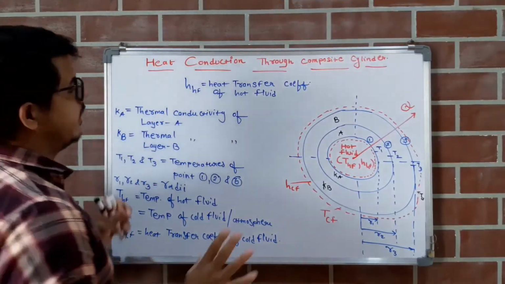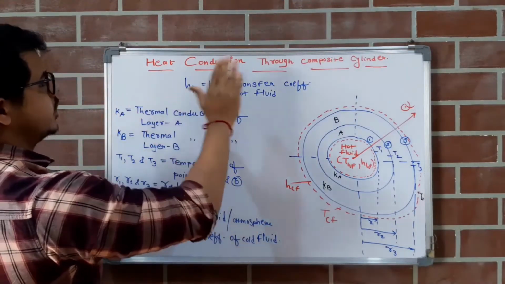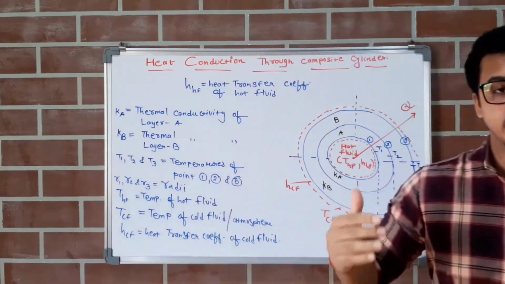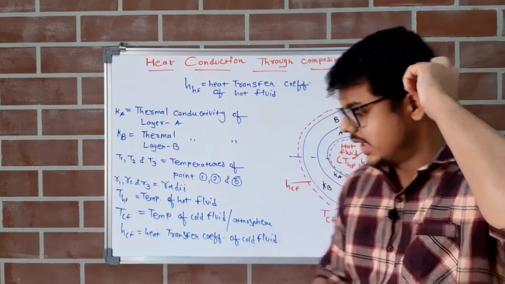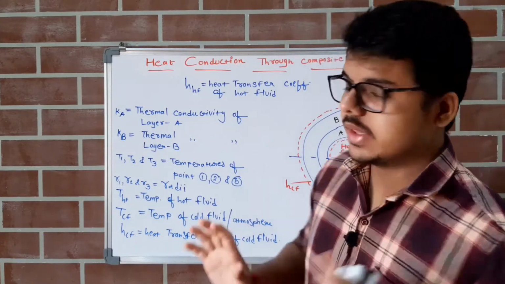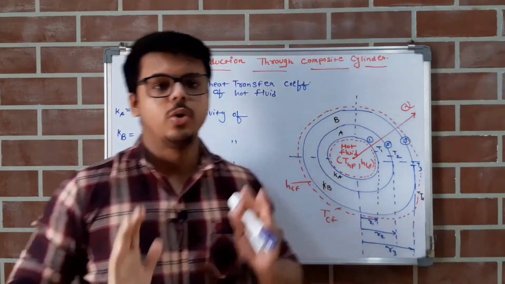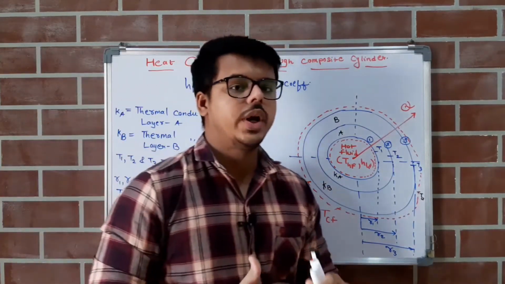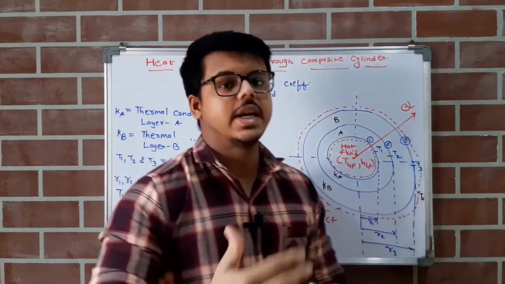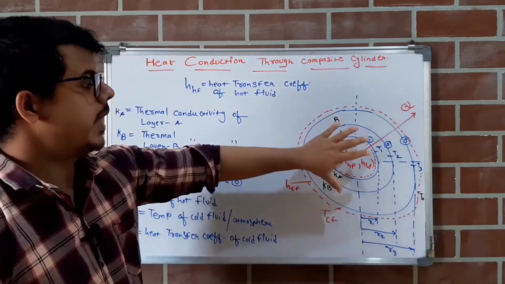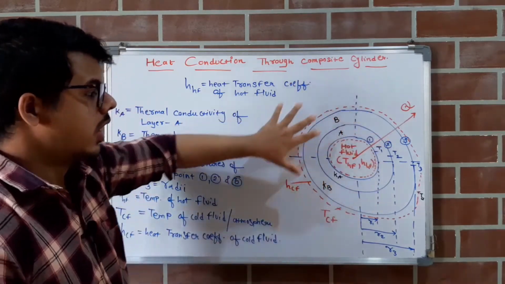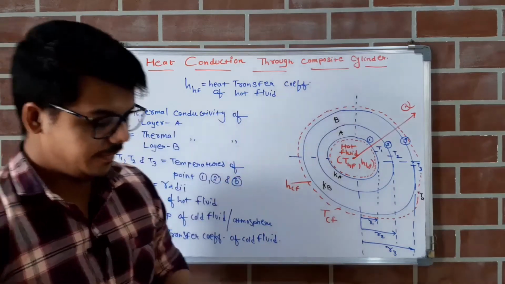So now we will start today's topic, that is heat conduction through composite cylinder. For that you have to consider a scenario: consider this is the pipe of a boiler. In that pipe we have hot fluid. Now this hot fluid is used to heat the surrounding air. So this is the pipe, in that we have the hot fluid, and this hot fluid is used to heat the surrounding air.